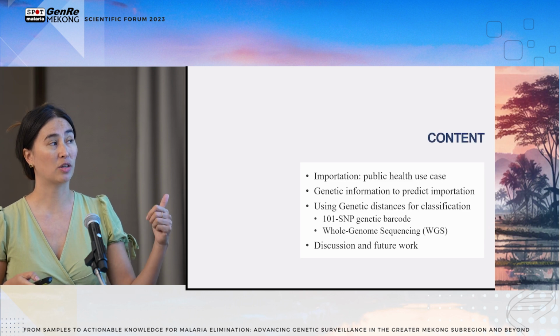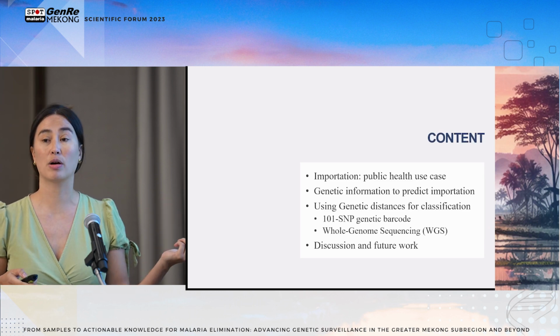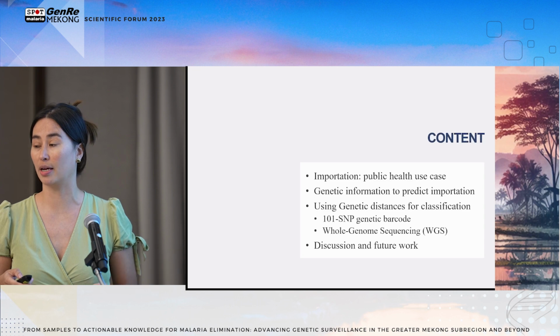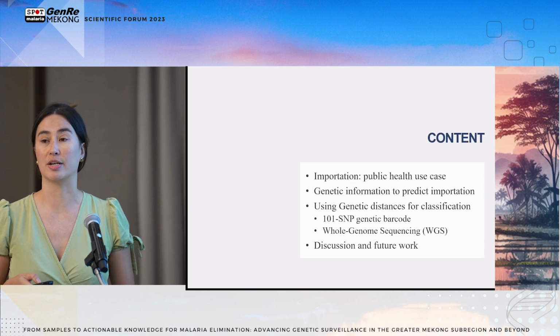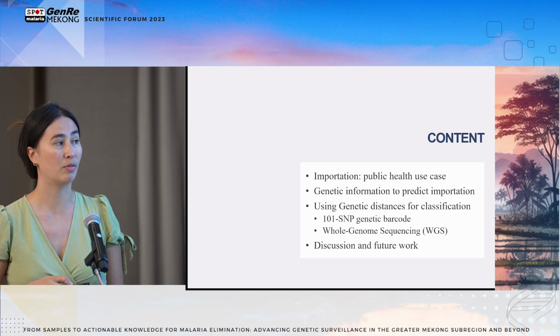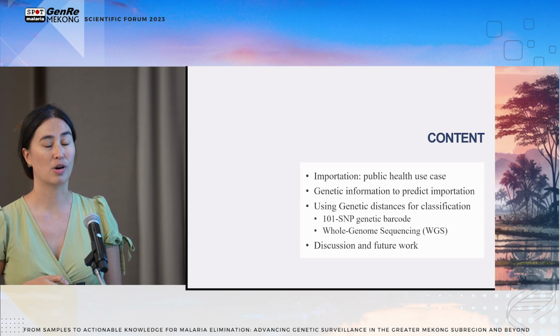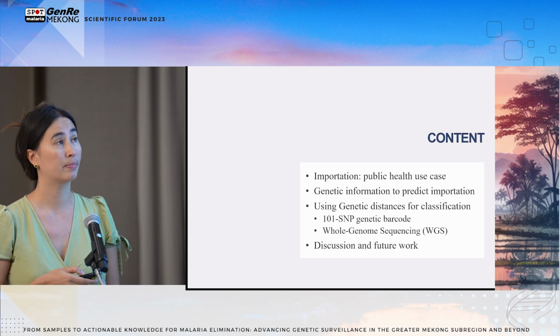One based on the 100 SNP genetic barcode, which is currently used by GenRe-Mekong, and second by using SNPs that were derived from the whole genome. And then I will end with a discussion and plans for our future work.